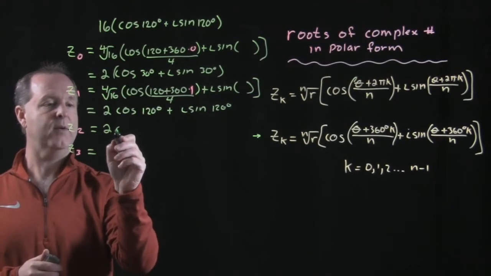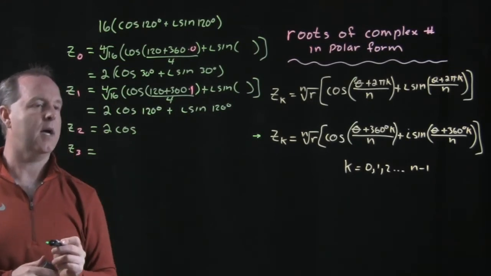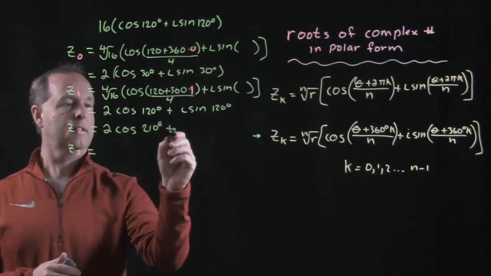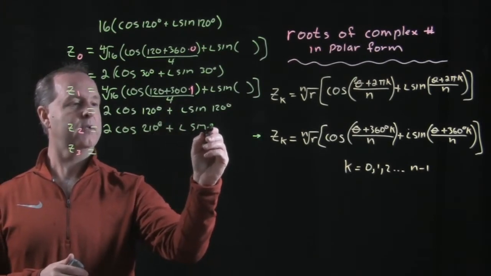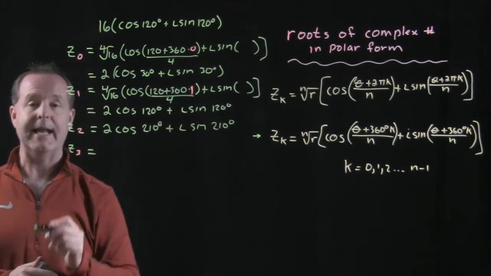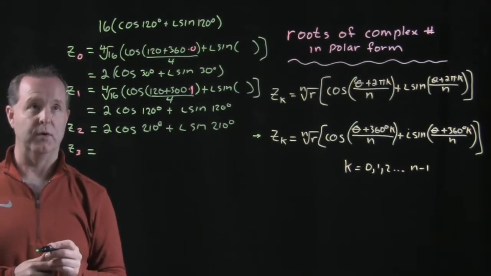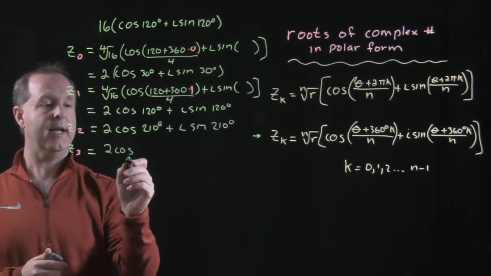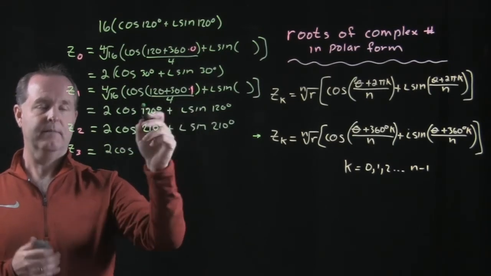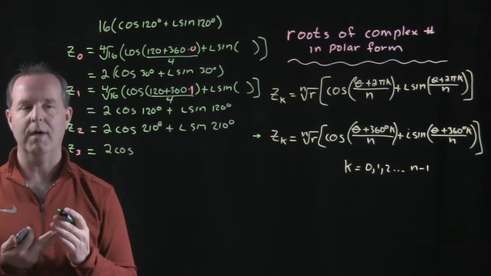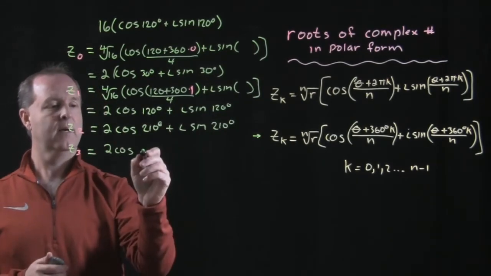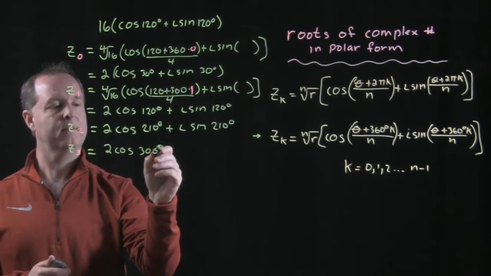And that resolves down to 2 cosine 210 degrees plus i sine of 210 degrees. And the fourth root that I'm looking for is going to be 2 times the cosine. I'll put 4 in this spot, multiply it through, so that'd be 120 plus 360 times 4 divided by 4 produces 300.